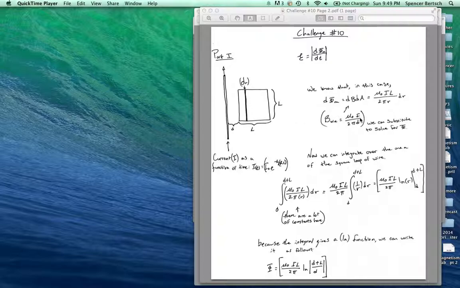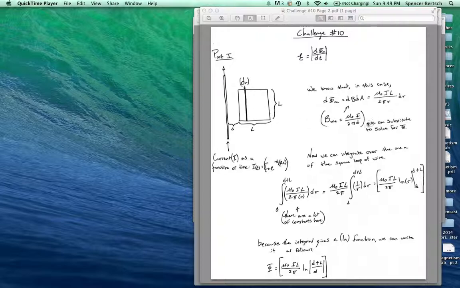This kind of looks like an F, but it's supposed to be I. Remember that at this distance, d plus whatever this little portion of L is, the magnetic field is going to be the same for this whole dr. But as soon as you go to the side, it's going to be different. So later on, we're going to have to take an integral to find the sum of all the different magnetic field strengths in this whole box.